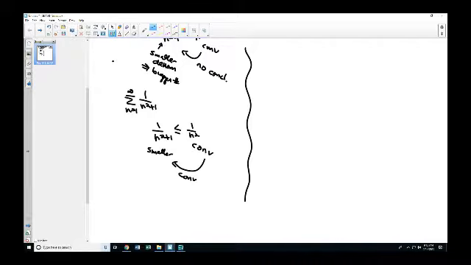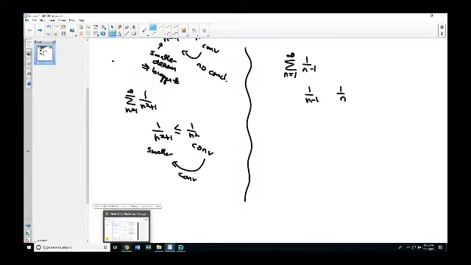So let's look at this one, very similar to the harmonic series, correct? Which one is larger? 1 over n minus 1.